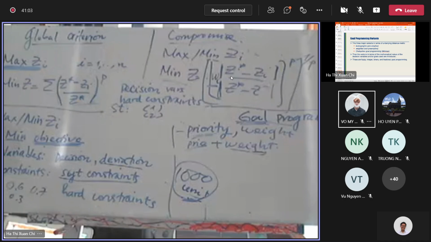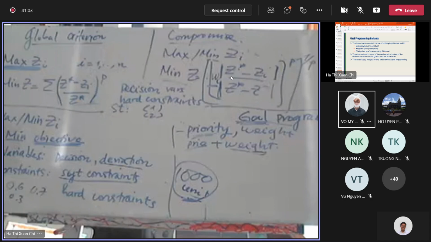And for the third, that is the min-max goal programming. So we have 3 types of goal programming variants. Okay.